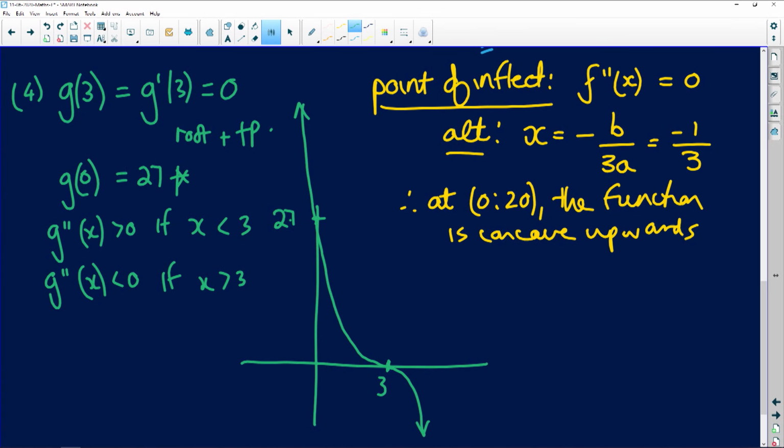And then they said it cuts the y-axis at 27. So we had that, we had this point, and we had the concavity. This here is concave upwards. You can see it's on its way to form a U, and here it's concave downwards. It's part of an N type of graph.